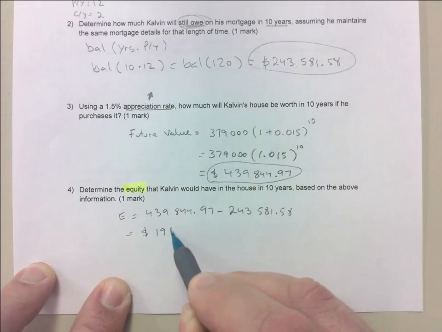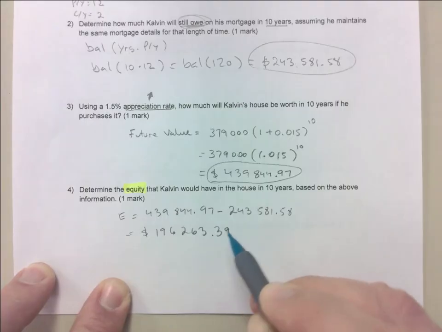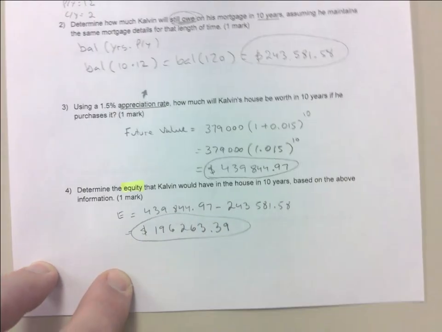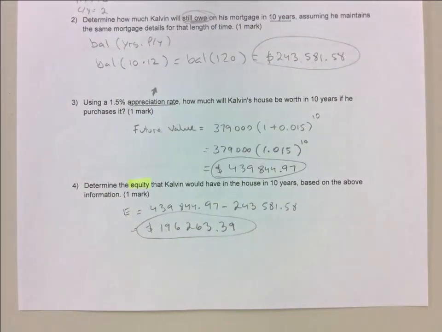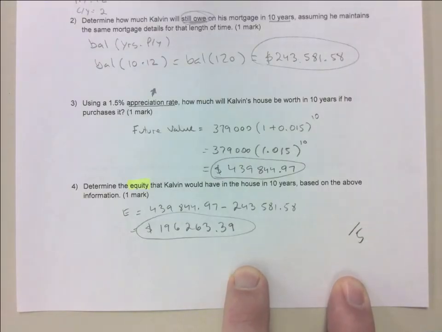Your equity expected is this. The equity you have in the house, the amount of money that would be yours if you were to sell in 10 years, would be almost $200,000. Okay? And so this page is worth 2, 3, 4, 5. So we're out of 5 on this page. And then we'll do the back side.